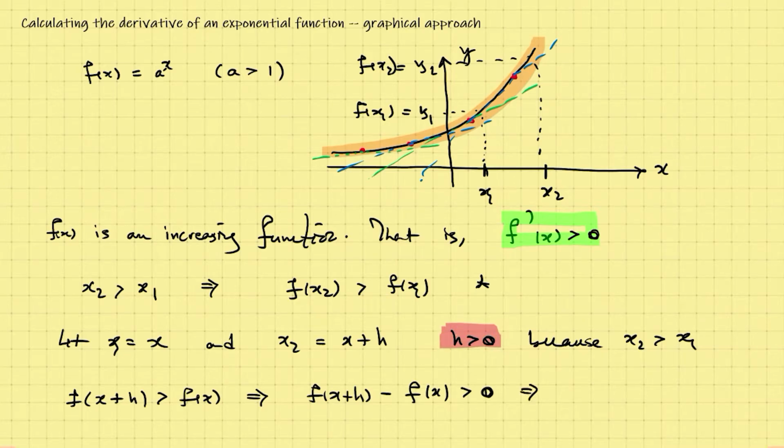Then that tells me that this thing here over h has to be positive, because the numerator is positive and the denominator is positive, which is basically another way of writing a derivative down without taking the limit, right? So we know that an increasing function would satisfy this sort of condition.